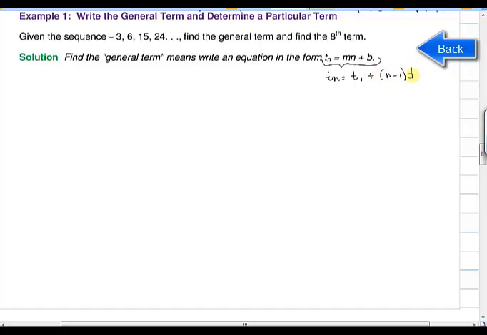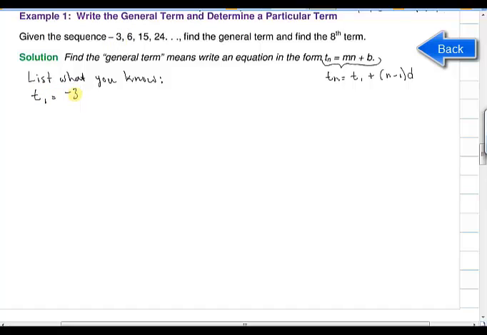Okay? All right, so probably a good place to start with these kinds of questions is to list what you know. So I'll just write that down. Okay, and we have the sequence -3, 6, 15, 24, ... So one thing that we do know is that the first term, T subscript 1, is -3.